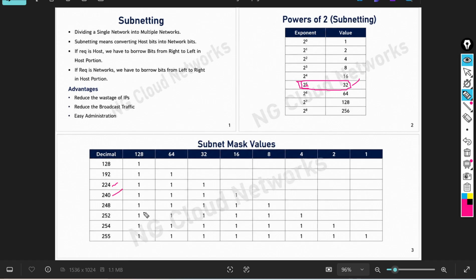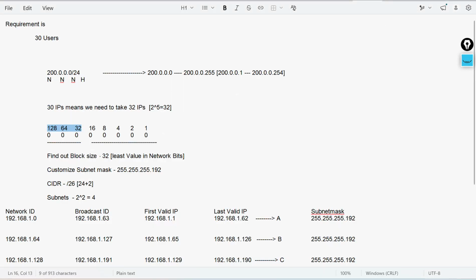This table is very important. These are the only values that should come in the subnet mask. So now we have 3 network bits, which means 224.